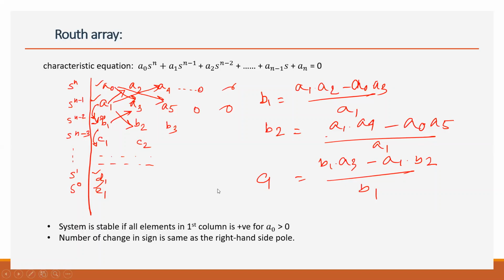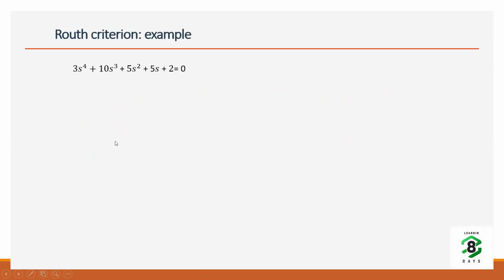Now I'll take a 4th order system and try to find the same information: whether the system is stable or not, and how many poles it has on the right hand side.